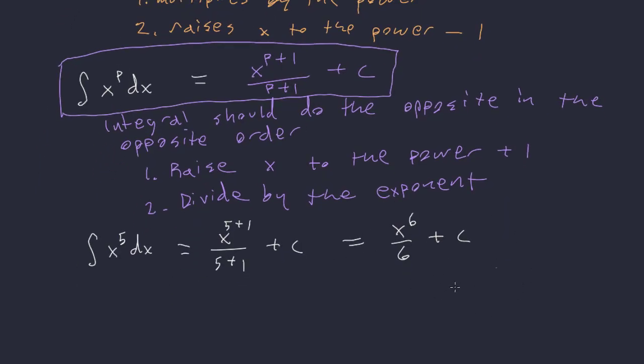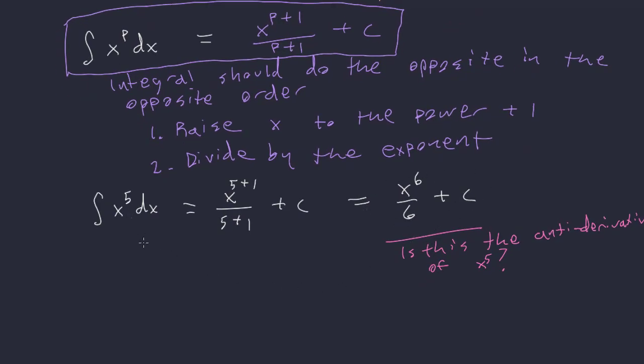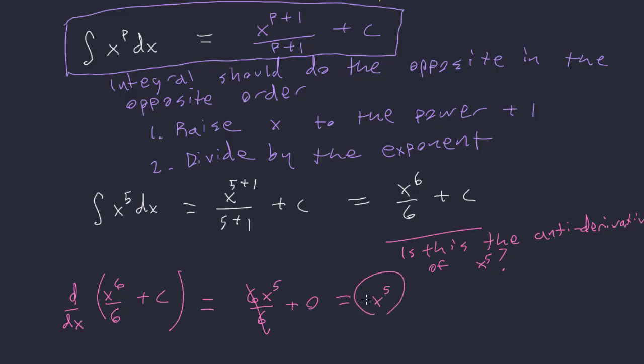Now, is this the antiderivative of x to the 5th? Well, a quick way to check that is we just differentiate what we got and see if we get back to here. If we differentiate x to the 6th over 6 plus c, the derivative of x to the 6th over 6 will be 6x to the 5th over 6, and the constant goes to 0, and so we end up with x to the 5th, which is exactly what we started with.